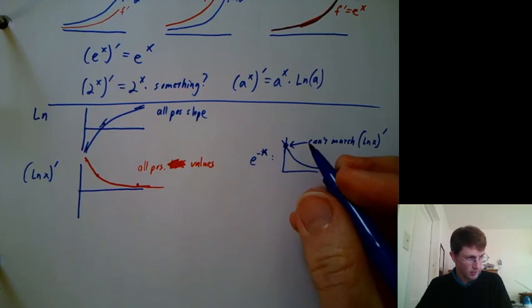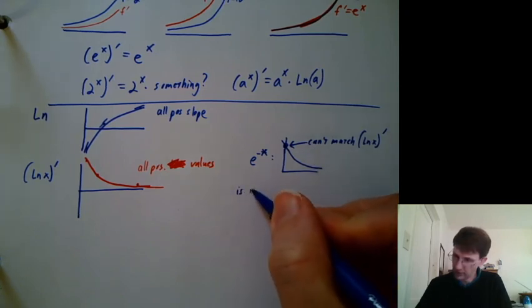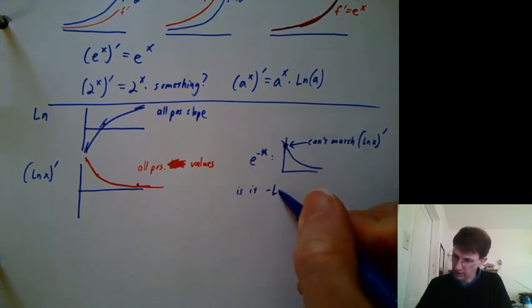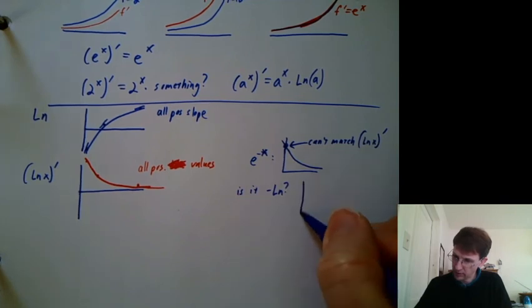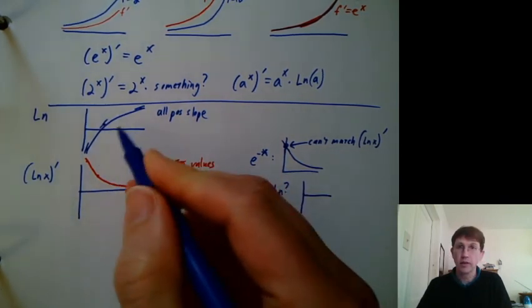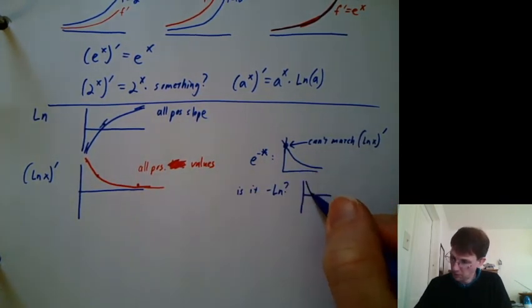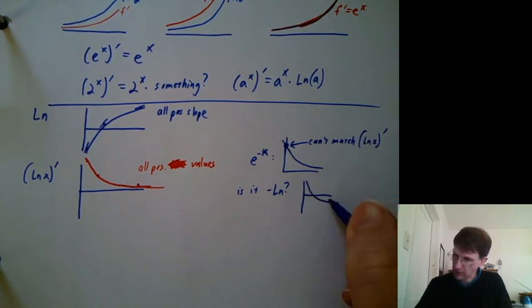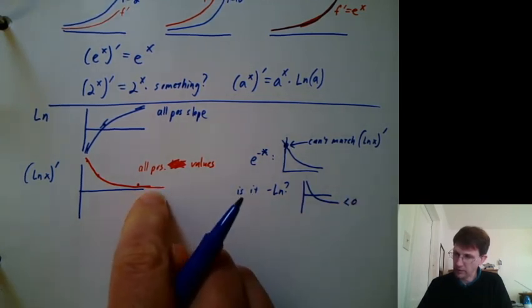Someone else once said, is this negative log? Well, let's graph negative log. It's just like log, but upside down. So it ends up being negative over here, but we know that this has to stay positive.